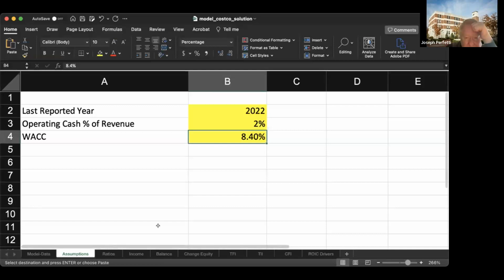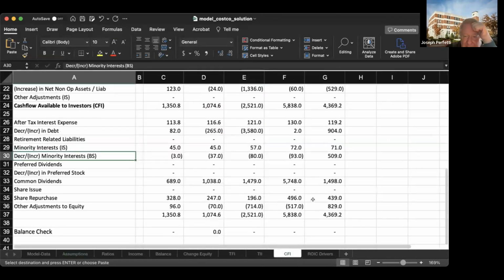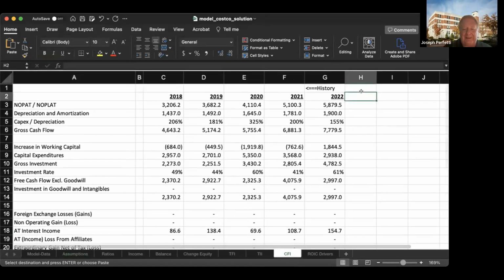Let's reshare this. And I look at their CFI. Like I said, I'm going to quickly add the total to this.